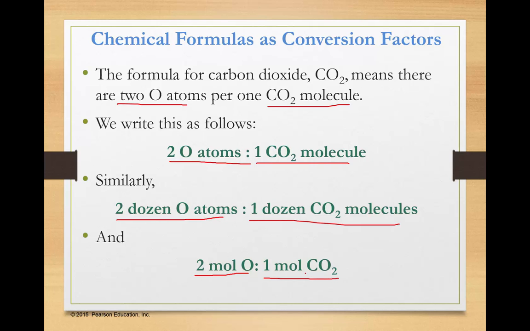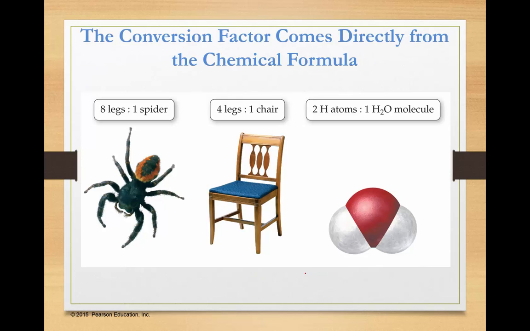Looking at some more analogies for that, spiders have a ratio of 8 legs to 1 spider. So this would be like 2 oxygens to 1 carbon dioxide, 8 legs to 1 spider. If I was talking about the body of the spider, I would have 1 body for every 1 spider.